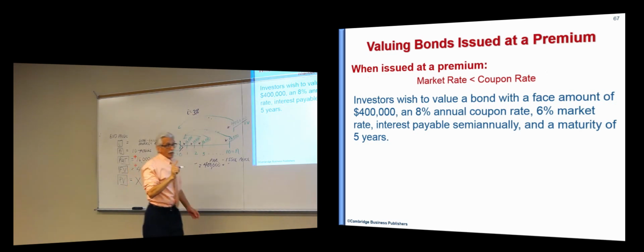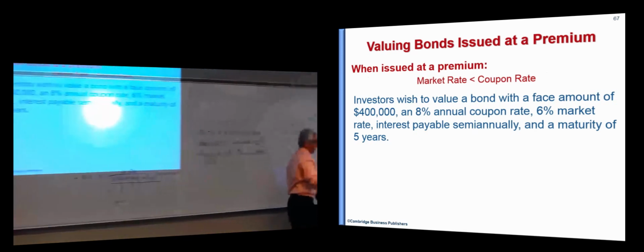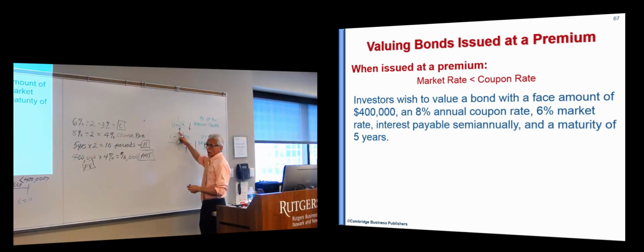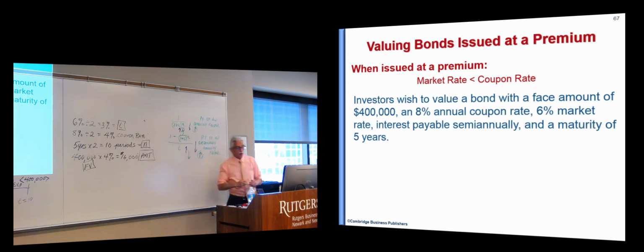And again, it's 3% semi-annual. Market rates are inversely related to bond prices. So in this case, what happens to the interest rate? The interest rate goes down. We expect the present values to go up. Market rates down, prices go up. So in this case, once again, the interest does not change.